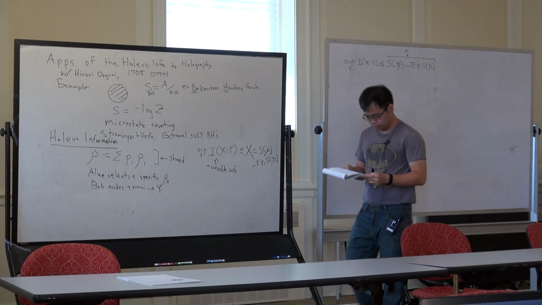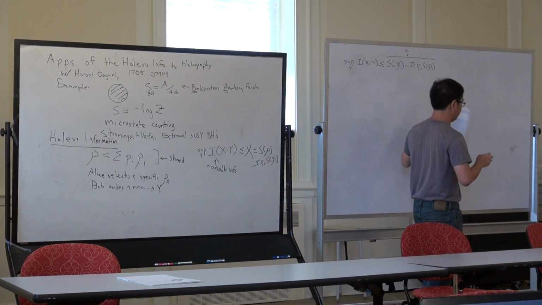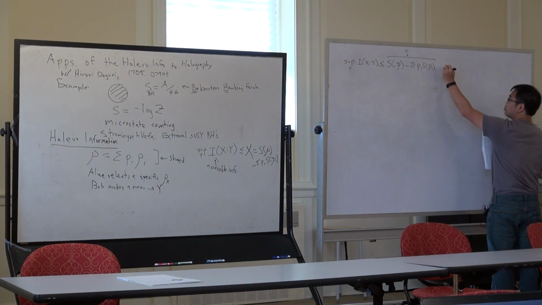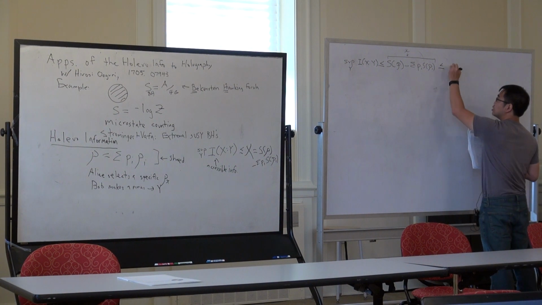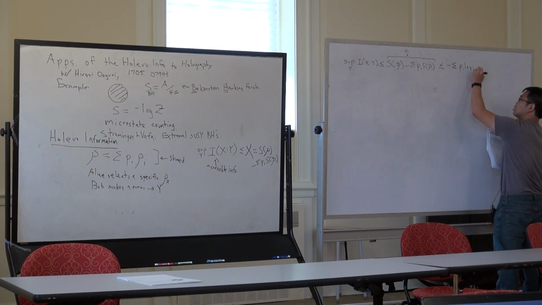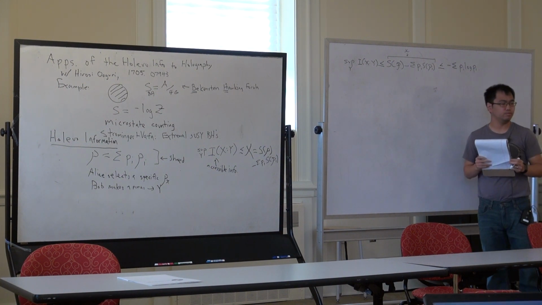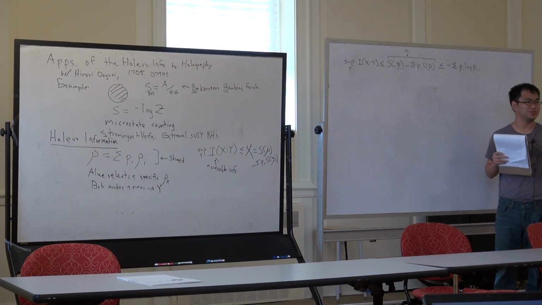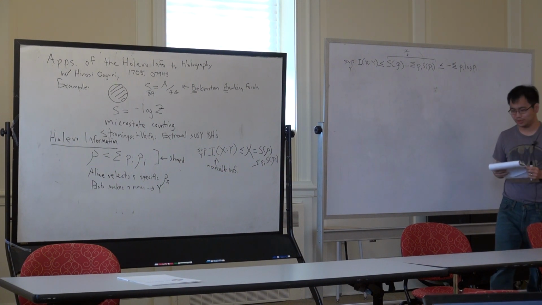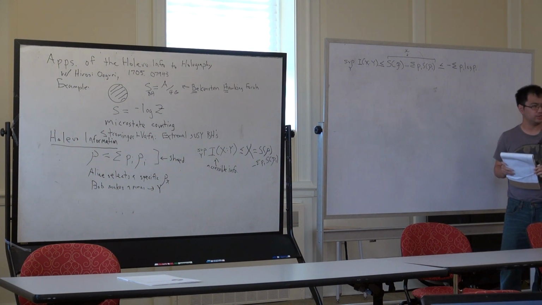Okay, so the Holevo information also obeys another property. Not only is it lower bounded by the accessible information, it's also upper bounded by the Shannon entropy. At this point, this should look familiar to Brian. This is related to your work with Ahmed and Shi, where you were studying the linearity of holographic entanglement entropy.